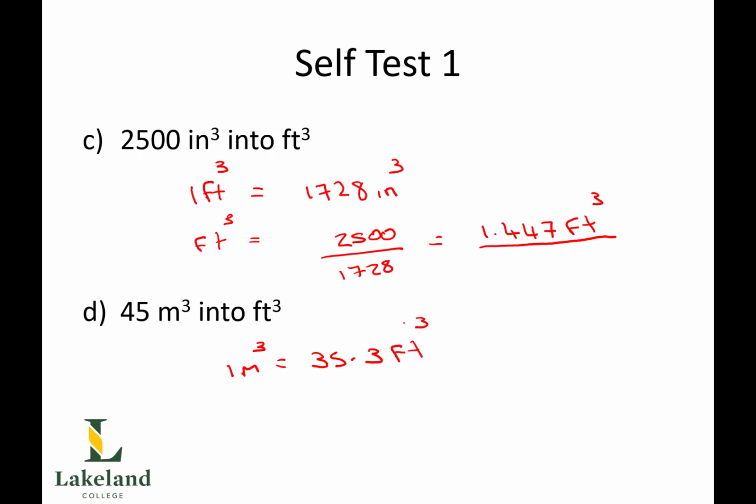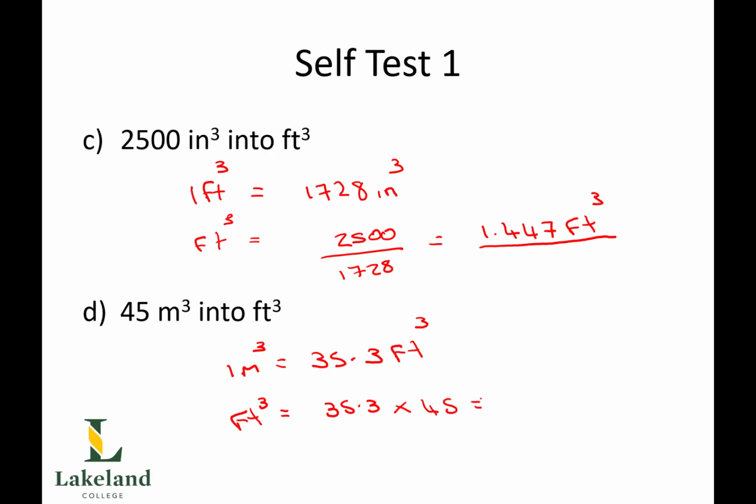That's the conversion factor that I'm working with. So if 1 meter cubed is 35.3 cubic feet, well then 45 meters cubed would have to be equal to 45 times that. So my cubic feet will be equal to my 35.3 multiplied this time by my 45.